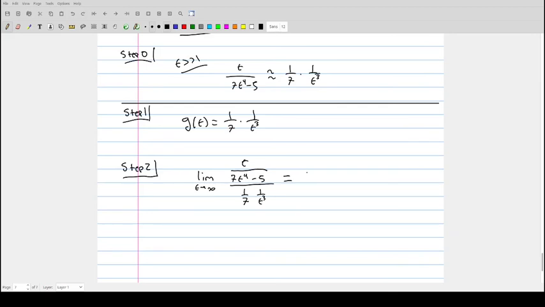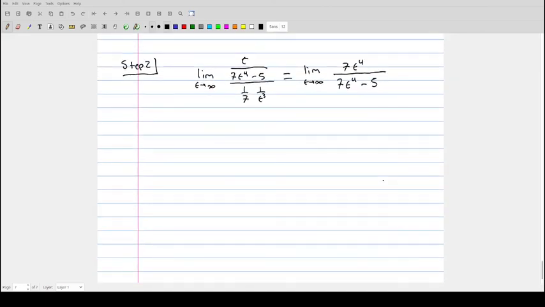This limit is the same thing as the limit as t goes to infinity of 7t to the 4th over 7t to the 4th minus 5. And we can evaluate this limit. This is another indeterminate form, infinity over infinity, so we use L'Hopital's rule.